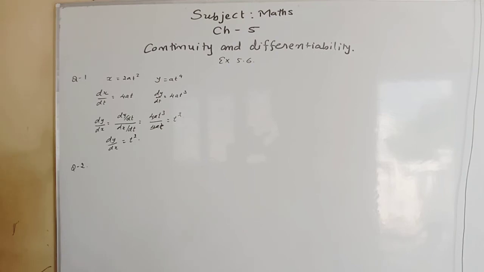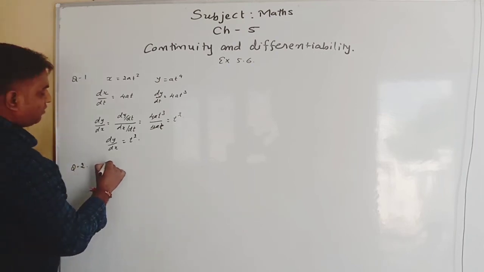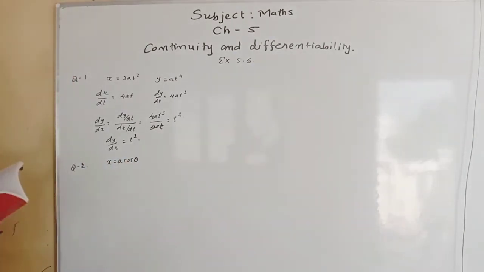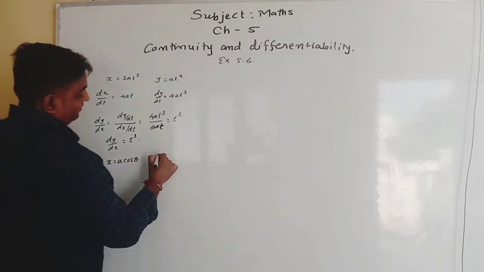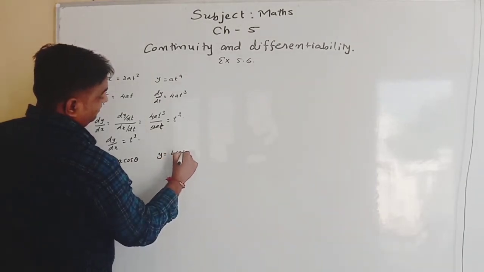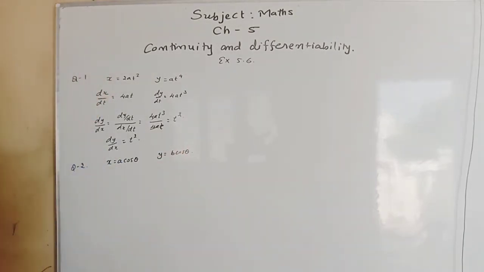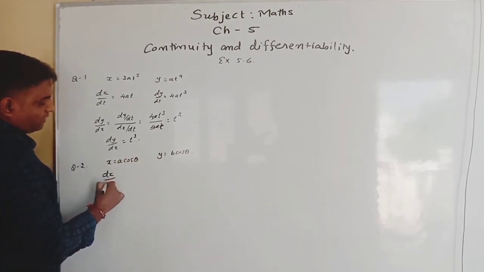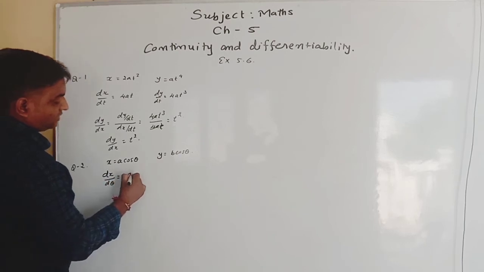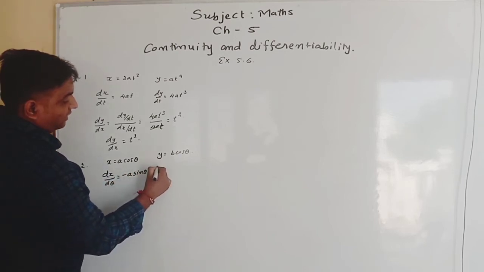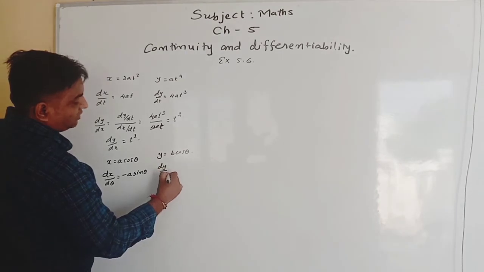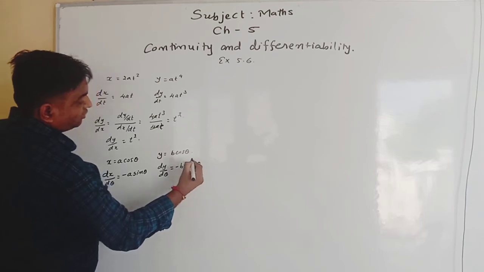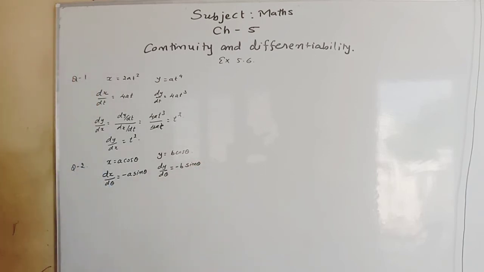x equals to a cos theta, y equals to b cos theta. So we differentiate with respect to theta both the equations, and dx by d theta equals to minus a sin theta and dy by d theta equals to minus b sin theta, because cos theta differentiation is minus sin theta.